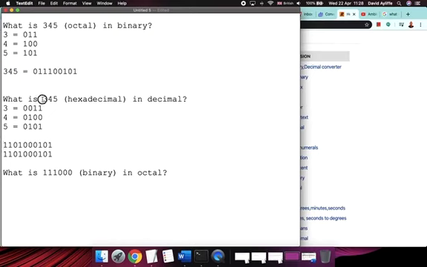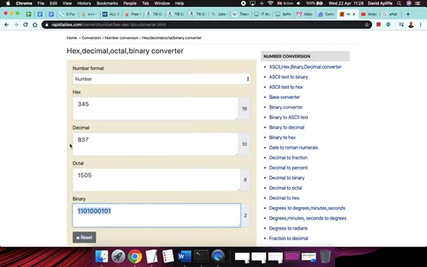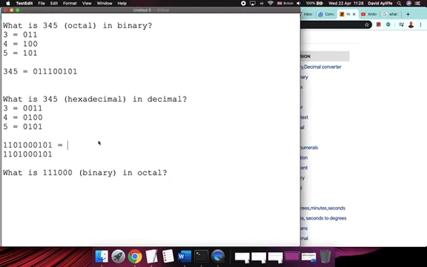So 345 hexadecimal: 3 in hexadecimal, 4 in hexadecimal, and 5 in hexadecimal. And then we just concatenate these numbers together. So this is the binary. It's useful to go via binary. And this number, if we convert this into decimal, we can see 837.